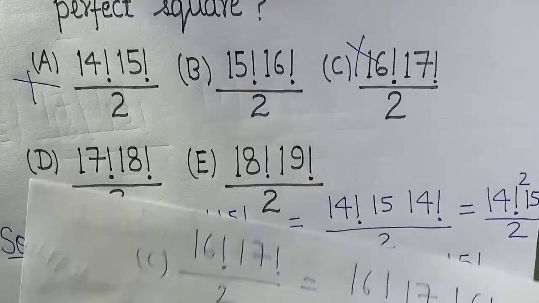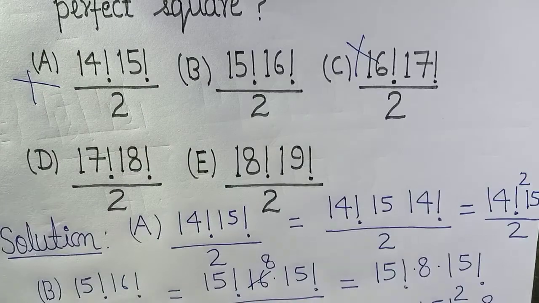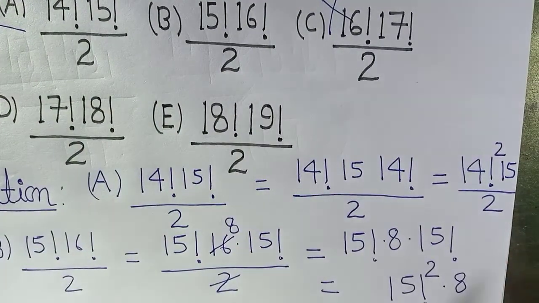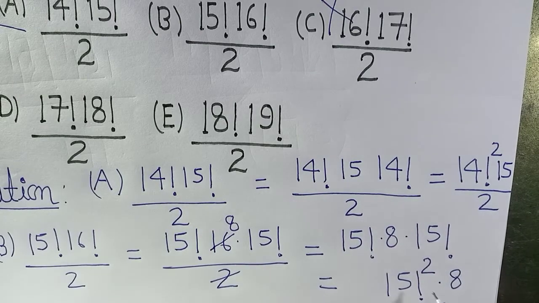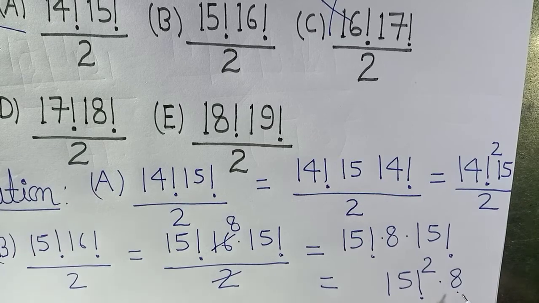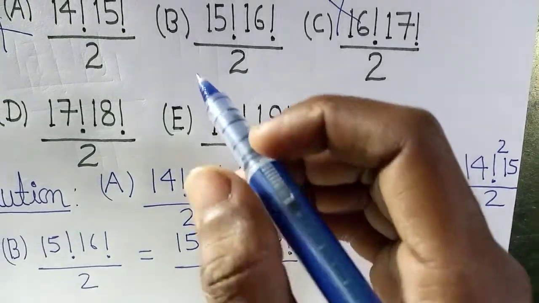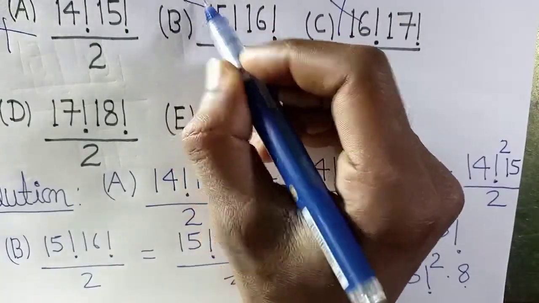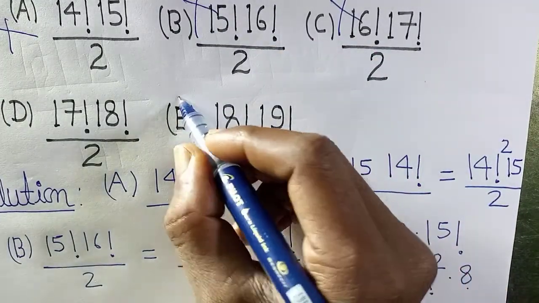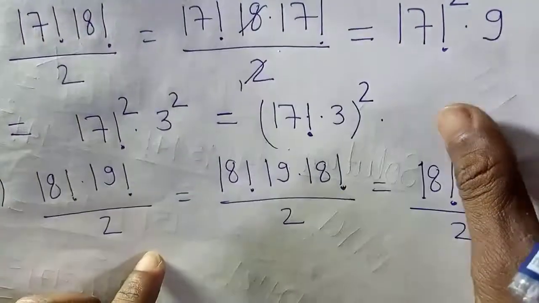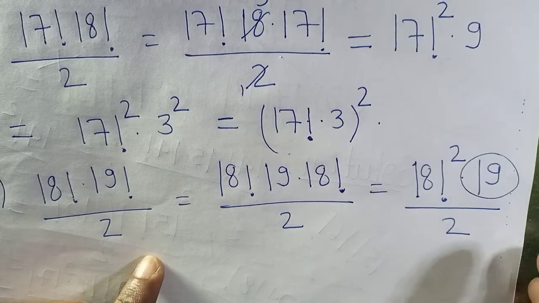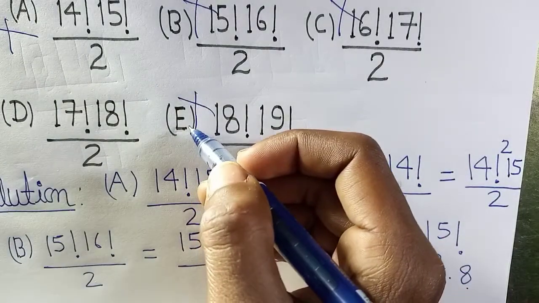It cannot be B, because here is 8 and 8 is not a perfect square of any number. And similarly, it cannot be E, because there is an extra factor of 19 in the numerator.